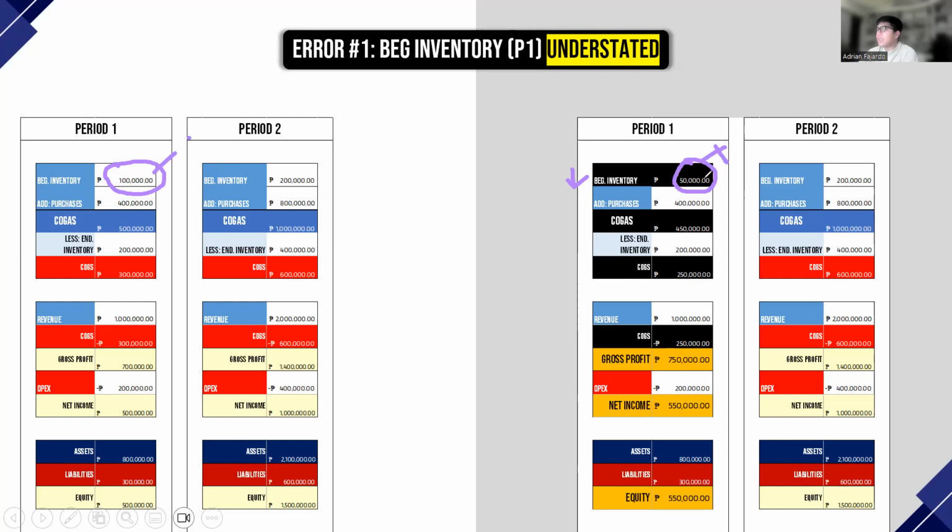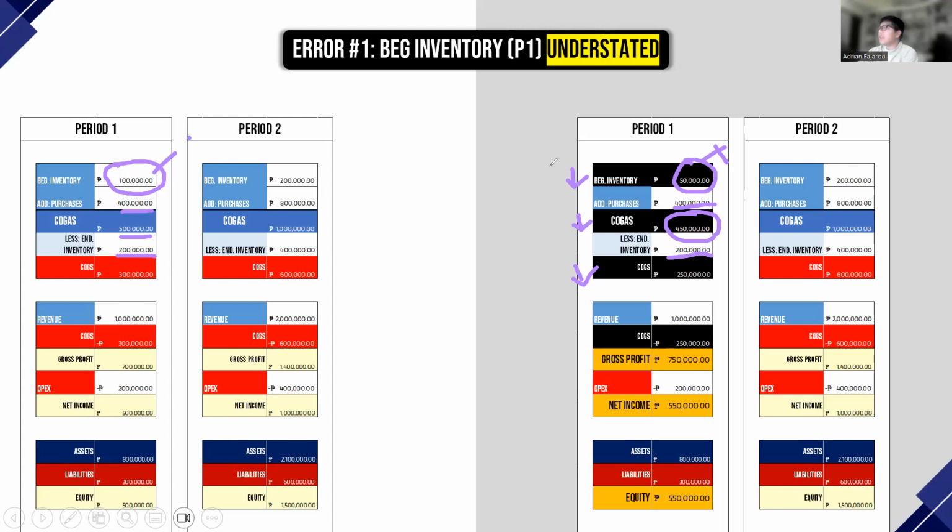Because of the mistake in the beginning inventory, let's say the purchases are still correct, 400,000. But what happened? Your cost of goods available for sale is now understated. It should have been 500,000, but now it's at 450,000. And then the ending inventory is 200,000 in both. But here, your COGS is also understated, because the cost of goods available is lower by 50,000, so COGS is also lower by 50,000.